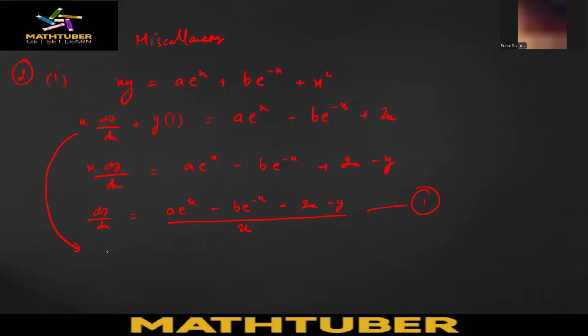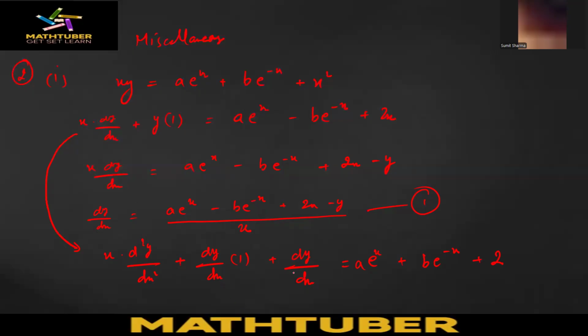Now from this equation only we will find out the value of d square y by dx square. So in this one, first function as it is, derivative of second plus dy by dx as it is, x ka derivative is 1. Thus this is also y ka derivative is dy by dx, equal to a e raised to power x plus b e raised to power minus x plus 2, right? After this we have dy by dx plus dy by dx.